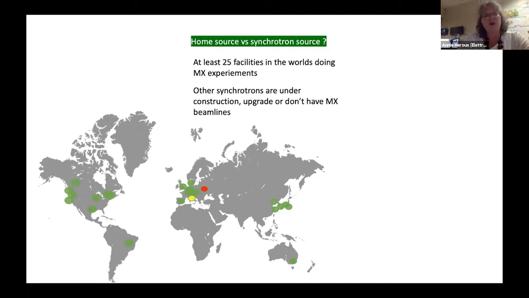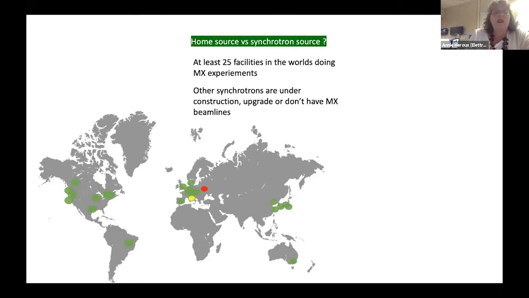So this is just synchrotrons where you have MX. There are other synchrotrons where they don't have a focus on this. And at each synchrotron, you probably have more than one beamline dedicated to MX. This is a very large community of scientists using this technique to get answers.